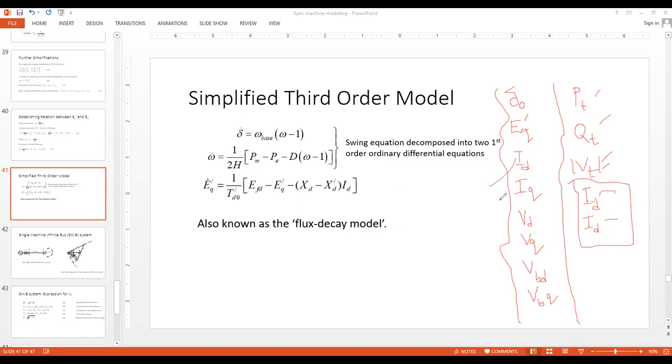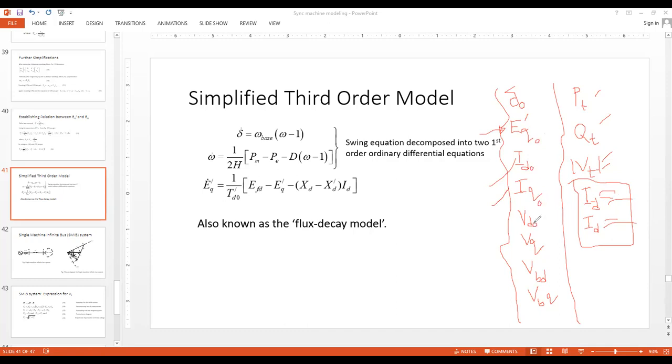From the phasor diagram, these were using some other formula where Id and Iq were depending on values such as Eq dash, delta naught, Vbd, Vbq, etc. So all these we can also assume to be initial values.